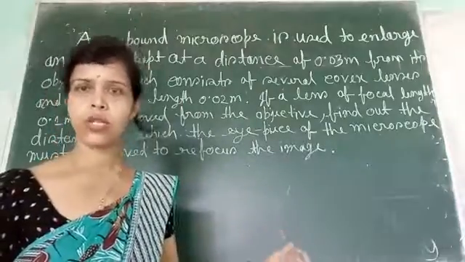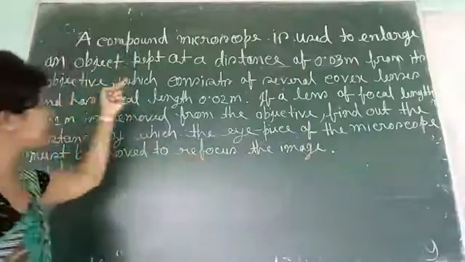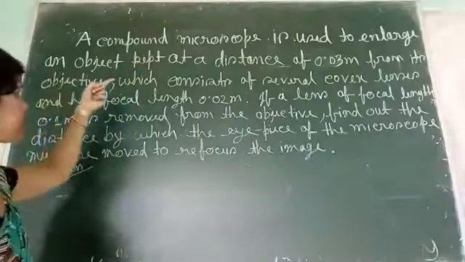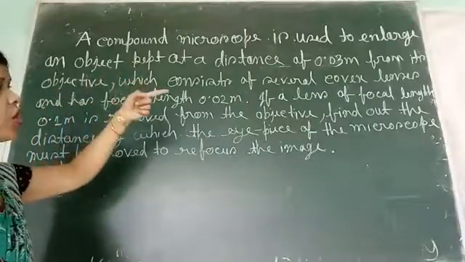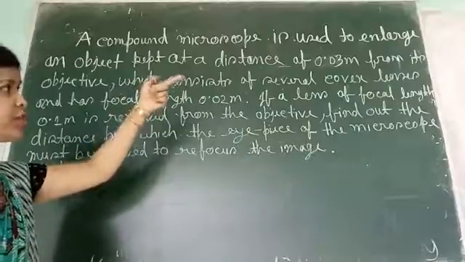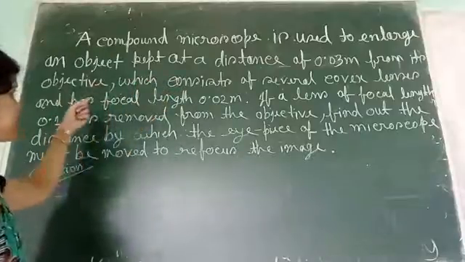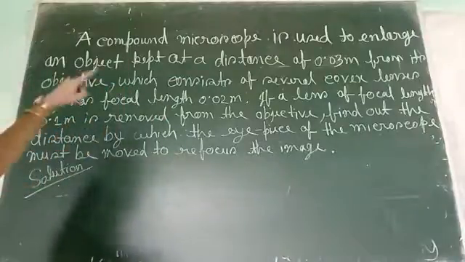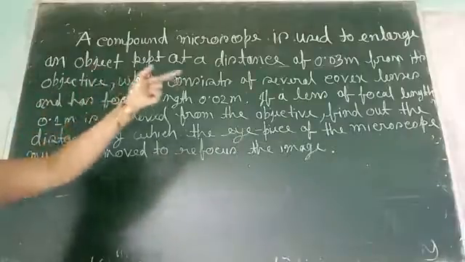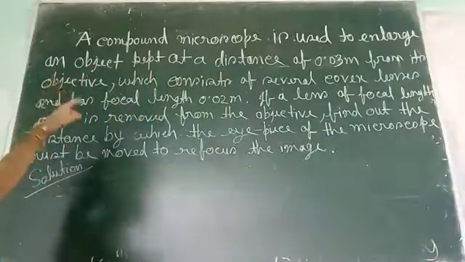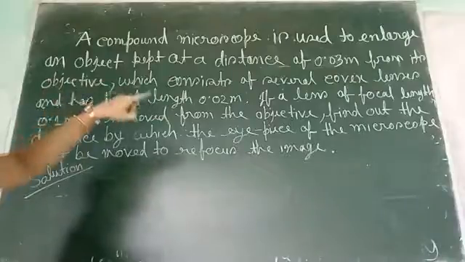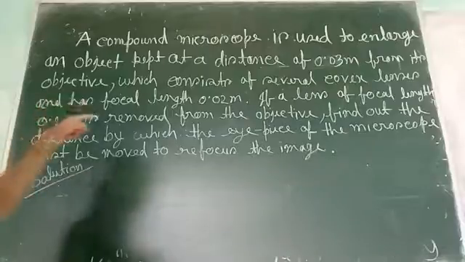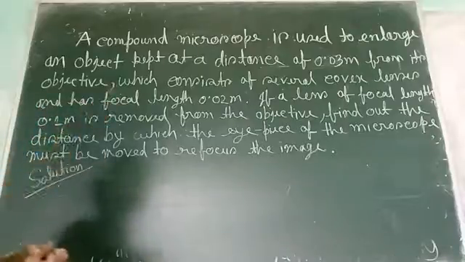The question is written on the board, related to the compound microscope. So let's see what is actually written here. A compound microscope is used to enlarge an object kept at a distance of 0.03 meter from its objective, which consists of several convex lenses and has focal length 0.02 meter.